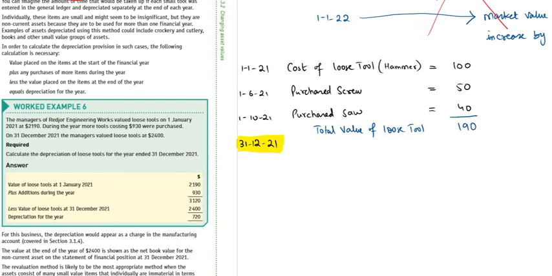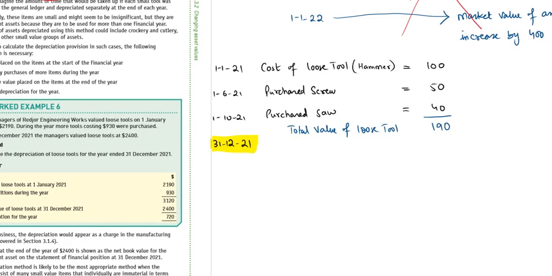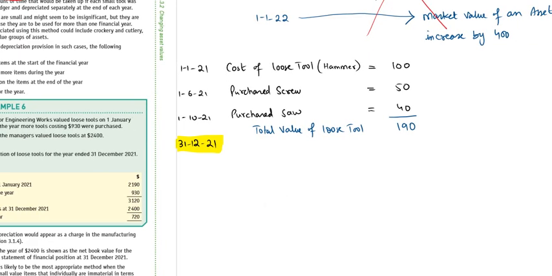So at the end of the year, at 31st December 21, the total value of loose tools is 190.